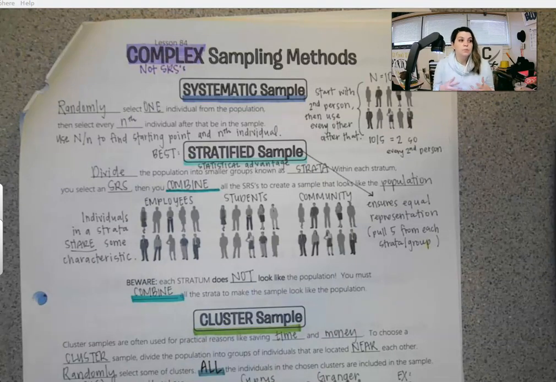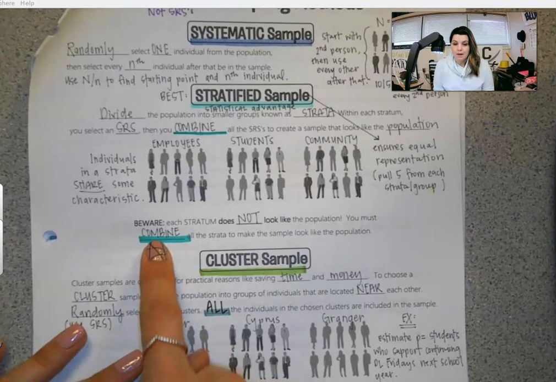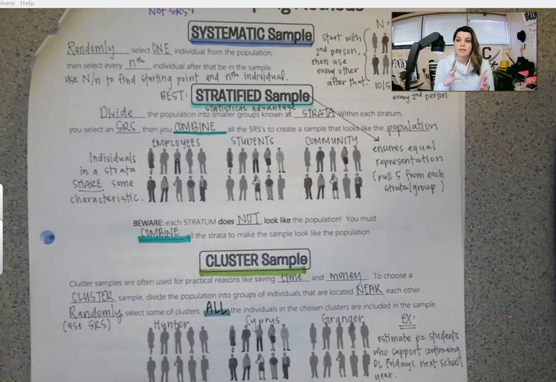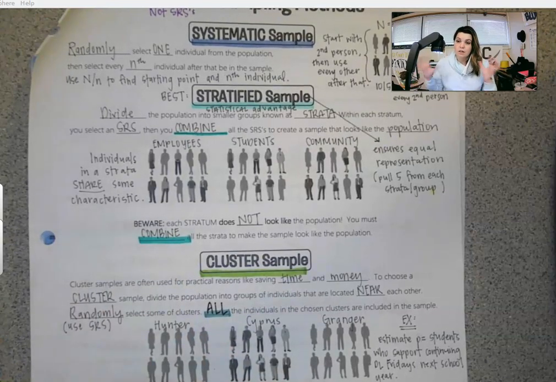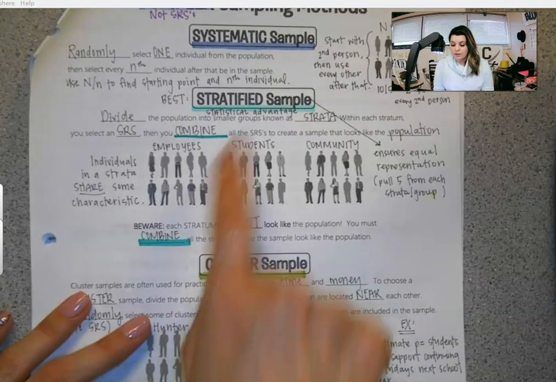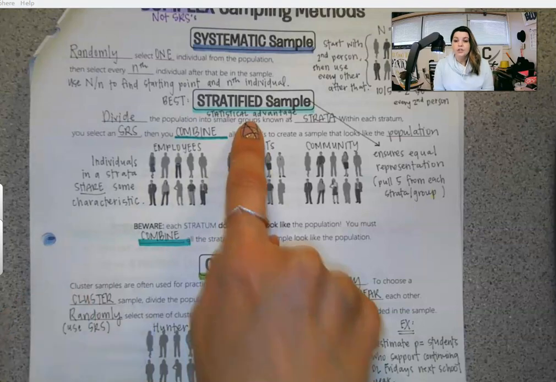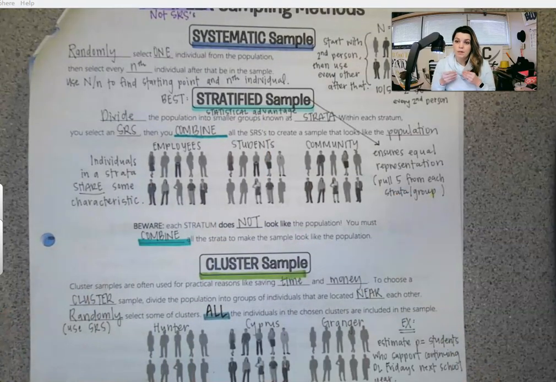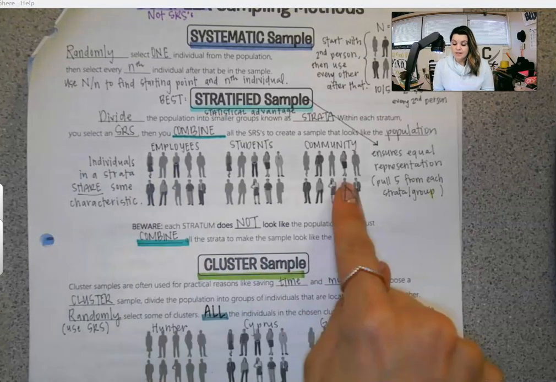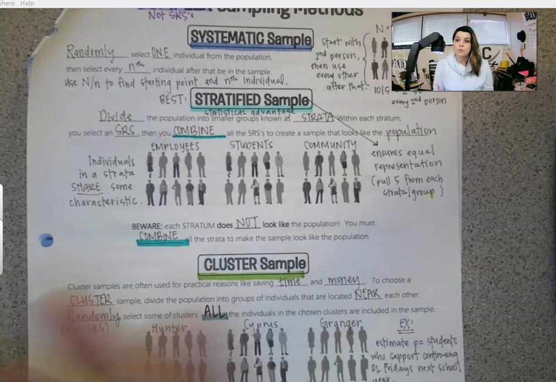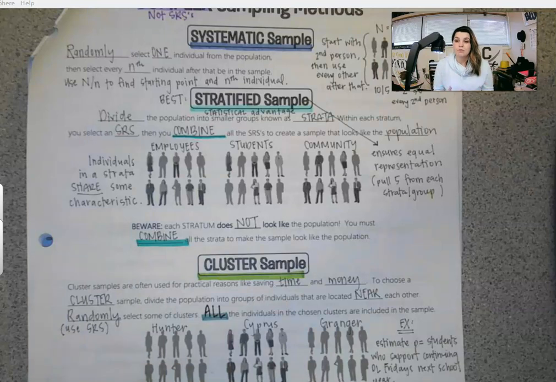In order to make a stratified sample look like your population, you must combine. So you take the same amount from each strata, combine, and you have a good sample that represents the population because you can control how many people you take from each strata. If you did this as an SRS, you run the risk of getting a majority of one grade level. That's bad. We want equal representation.